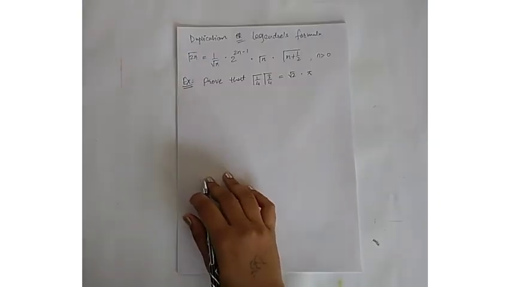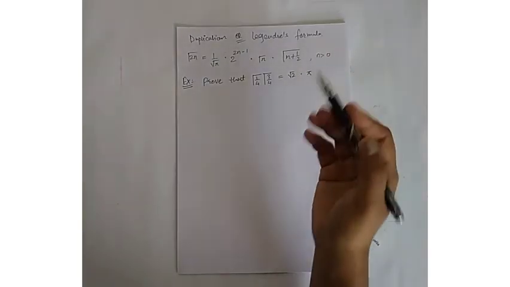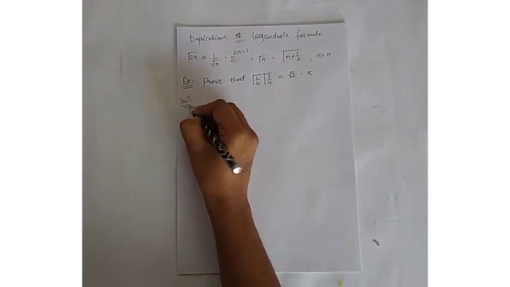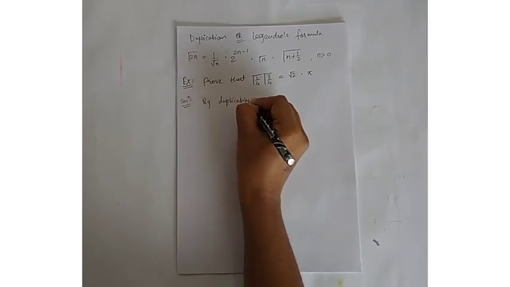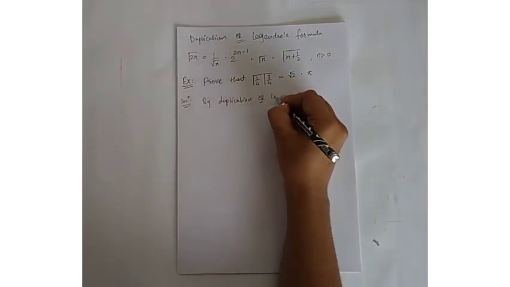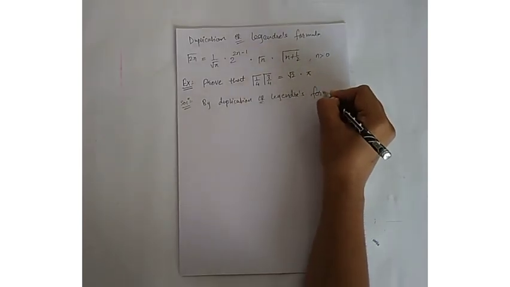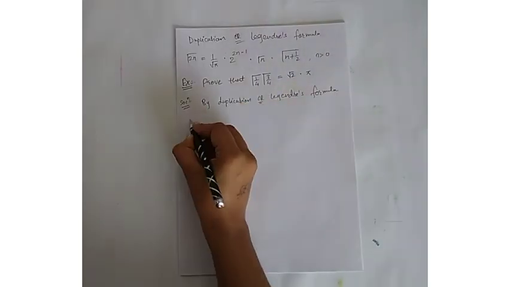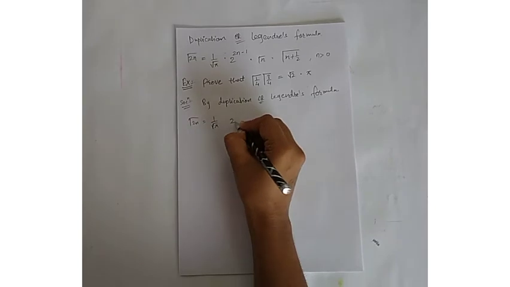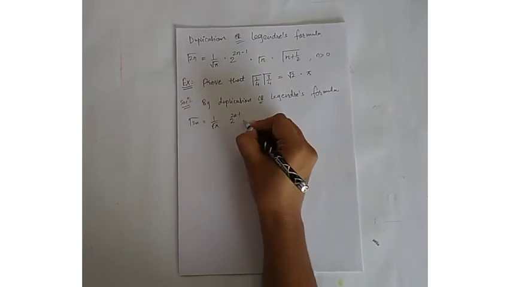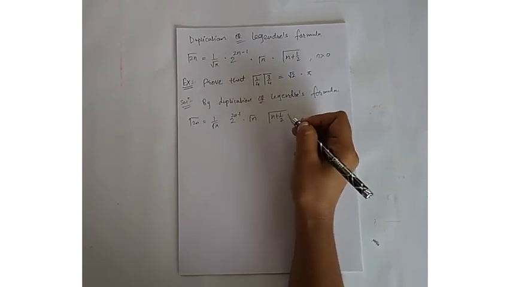The example is: prove that gamma 1 by 4 into gamma 3 by 4 is equal to square root of 2 into pi. Solution: by the duplication or Legendre's formula, that is gamma 2n is equal to 1 upon square root of pi into 2 to the power 2n minus 1 into gamma n into gamma n plus 1 half.